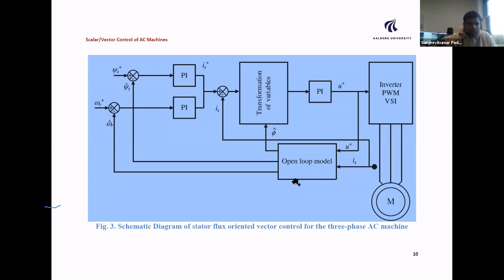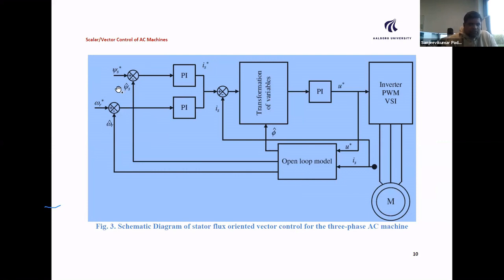So this control always depends on how you are making this open loop model. What is the input? Only the stator current and the voltage are the two inputs to the model. From the model, we calculate rotor speed and also stator flux. These two parameters are outputs of this block, and of course the angle of rotation of the rotor.